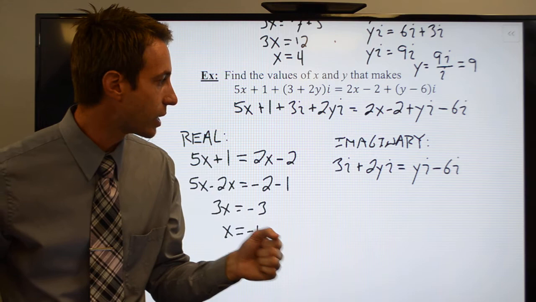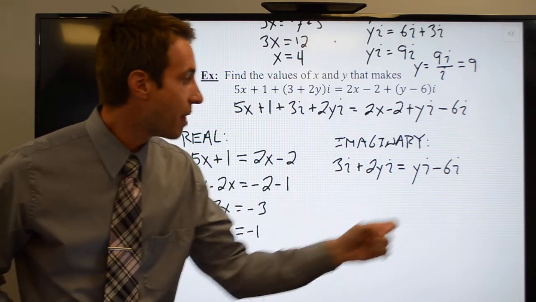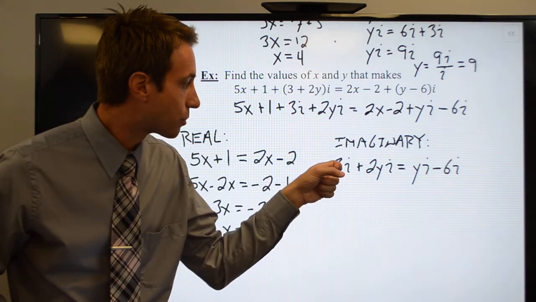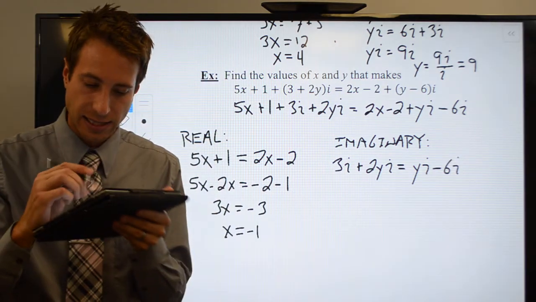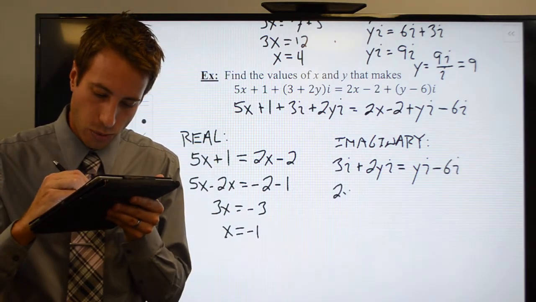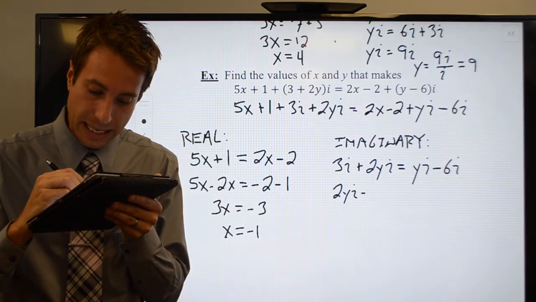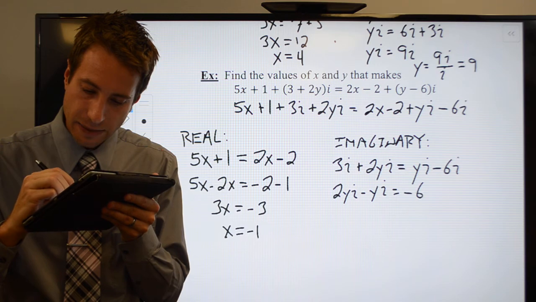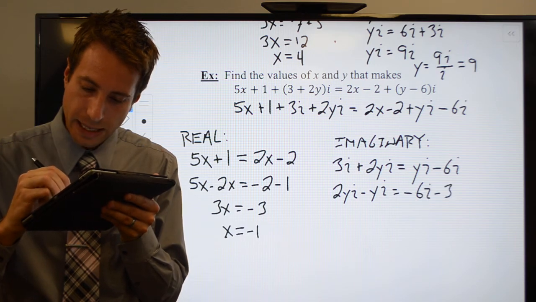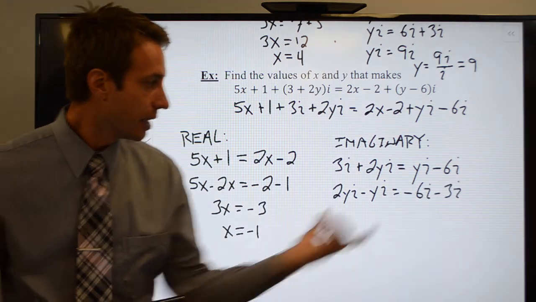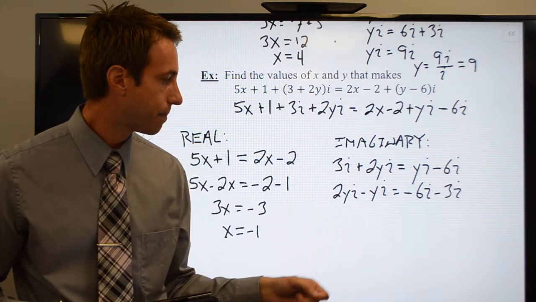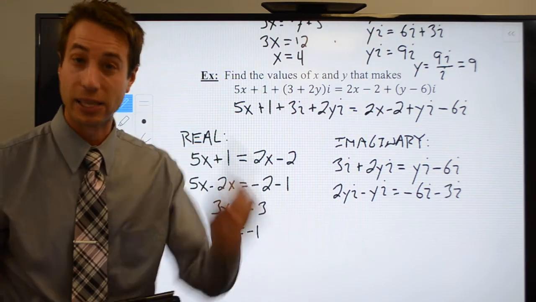It looks like the best way is going to be to subtract yi to this side and subtract 3i to that side. So that's what we'll do. We'll do 2yi minus a yi is equal to a negative 6i minus 3i, and go ahead and combine your like terms.